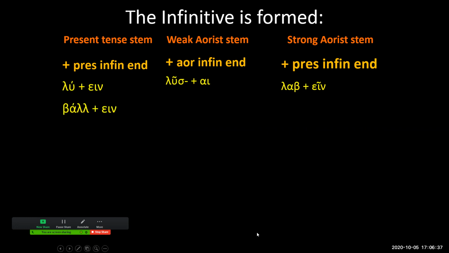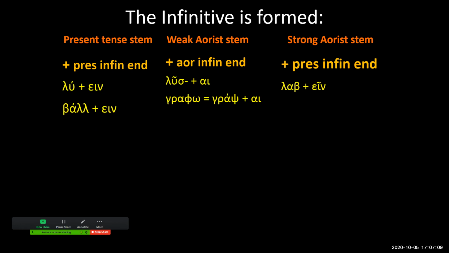But we have some more forms. The present infinitive of ballo, to throw, is then ballein. Notice the present stem infinitive with the present infinitive ending, ein. The aorist infinitive of grapho is a weak aorist because grapho does not change to a strong aorist.